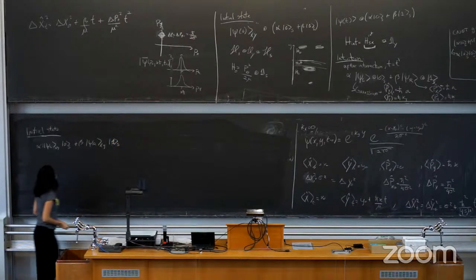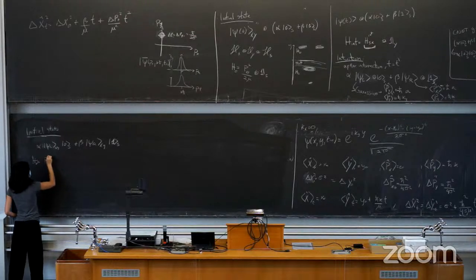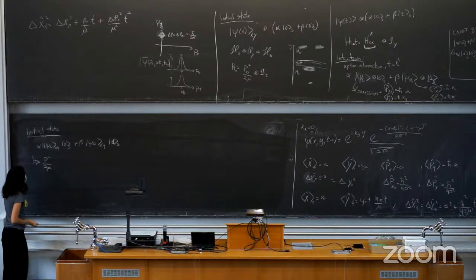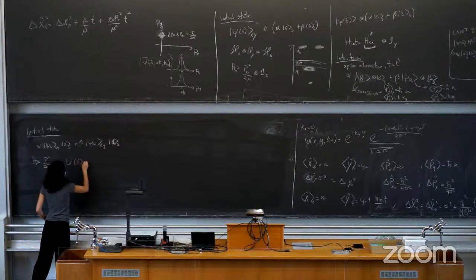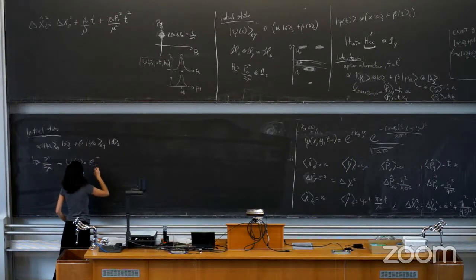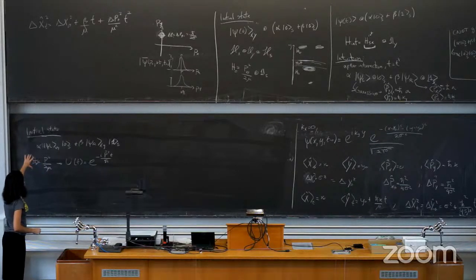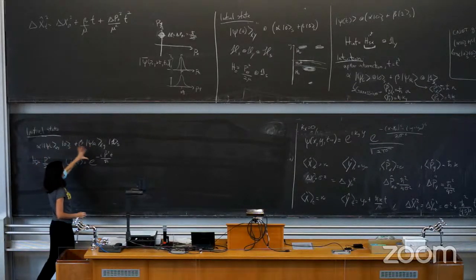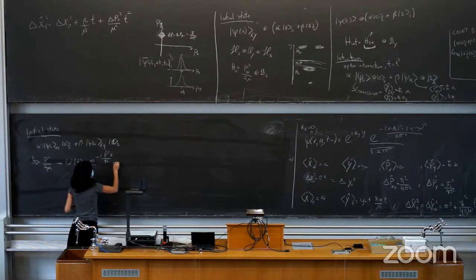And the Hamiltonian is now again the H0, so the p squared over 2 mu, which means that my U of t is e to the minus p squared times t over 2 mu h bar, times the identity on S, right?